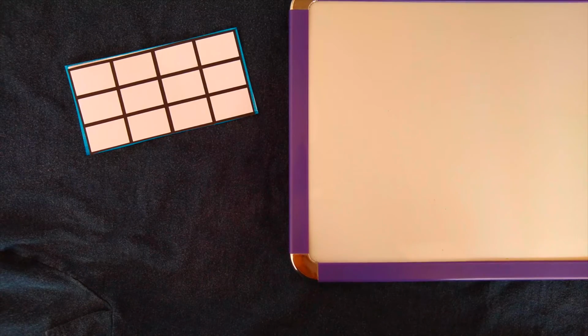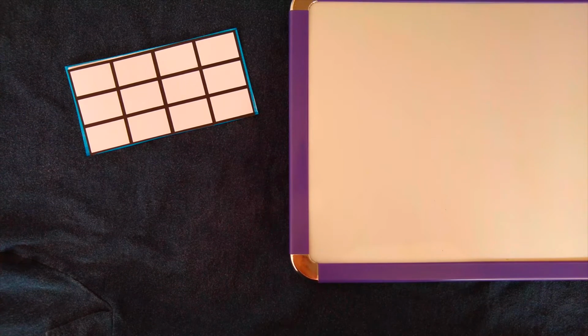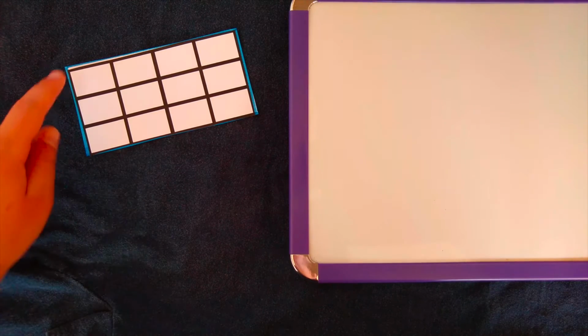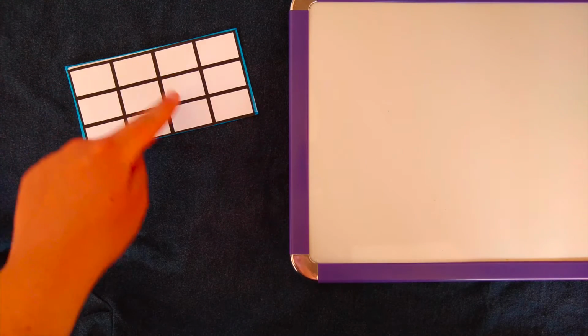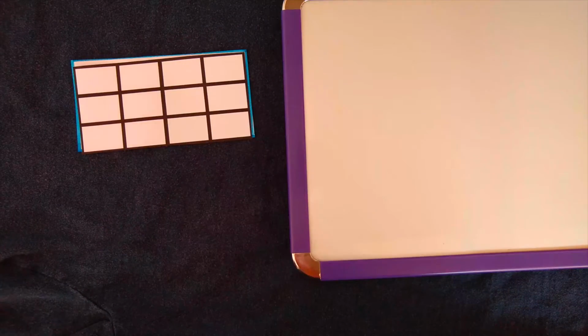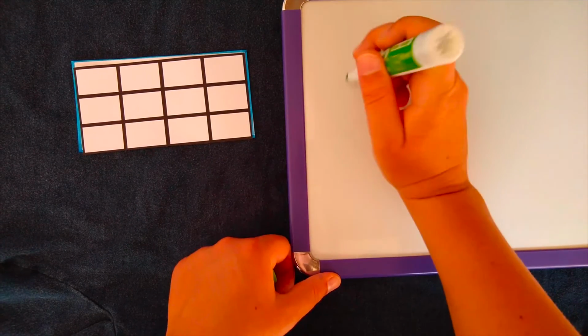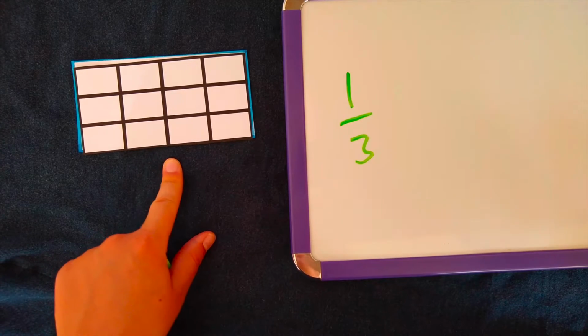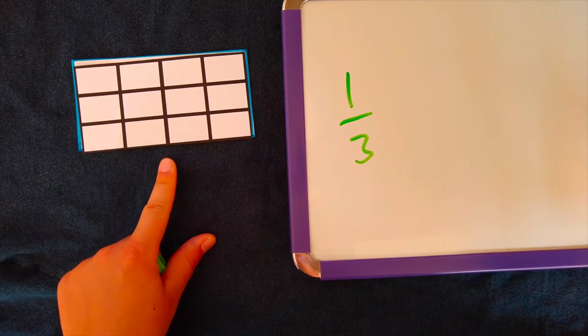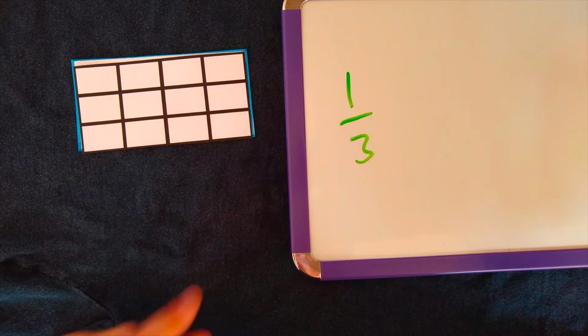Let's look at another way we could have solved this using our knowledge of multiplication and division factors. Let's count how many squares made up this rectangle. 1, 2, 3, 4, 5, 6, 7, 8, 9, 10, 11, 12. Now, if we were trying to find 1/3 of this rectangle, we would need to divide it into 3 equal groups.